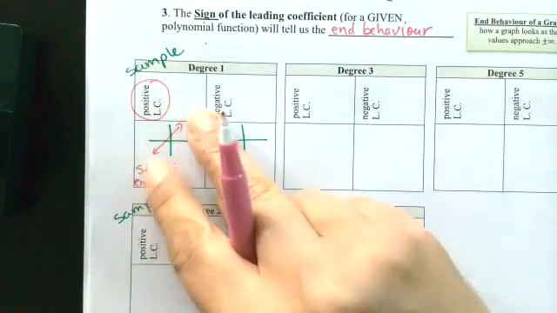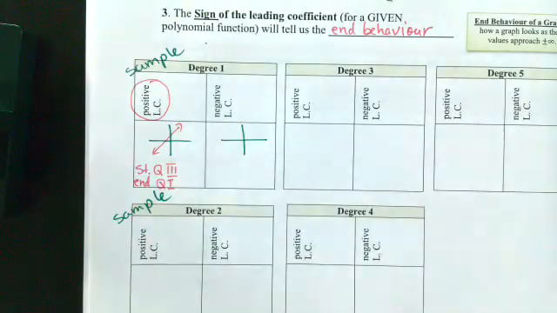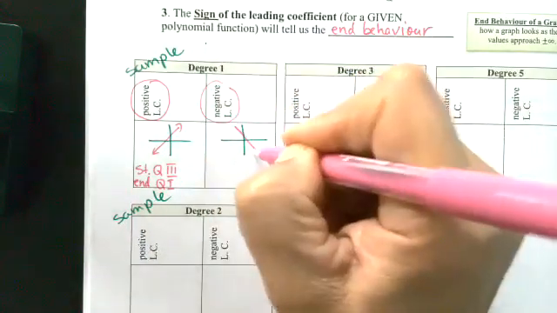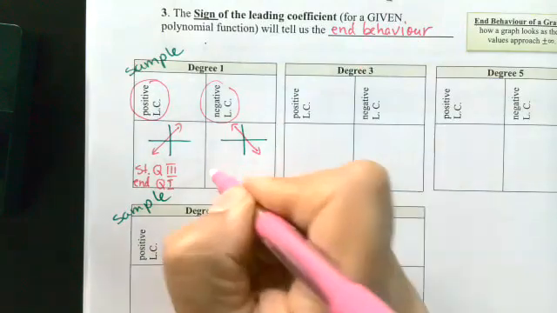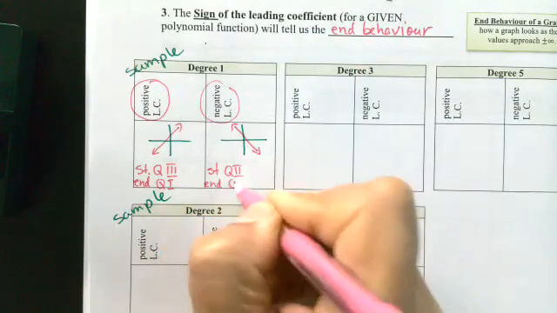That's how we can describe the ends, where it starts and where it ends. Now, if your leading coefficient is negative, then you're going to have a decreasing function. That means it's going to start in quadrant 2 and end in quadrant 4.